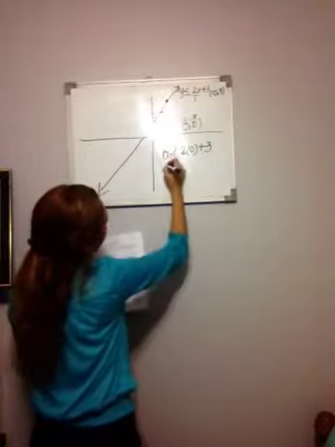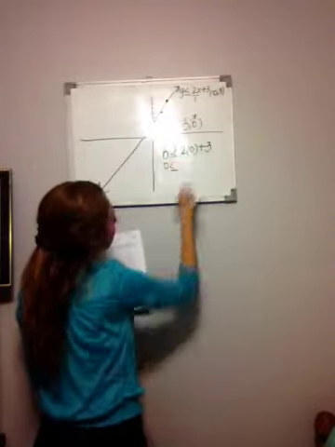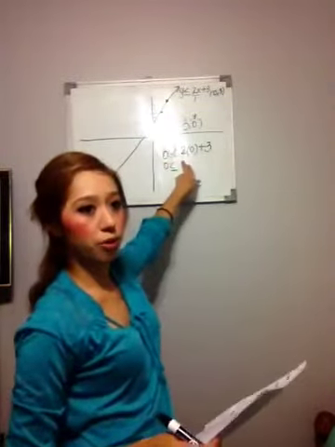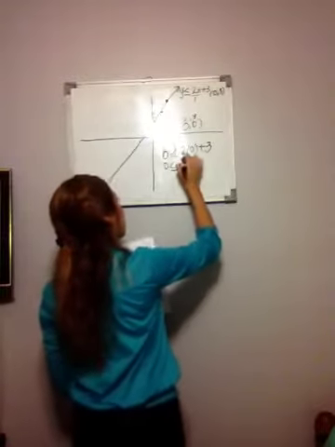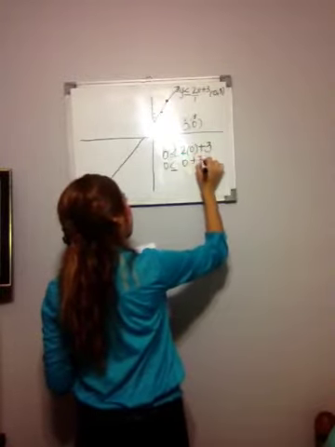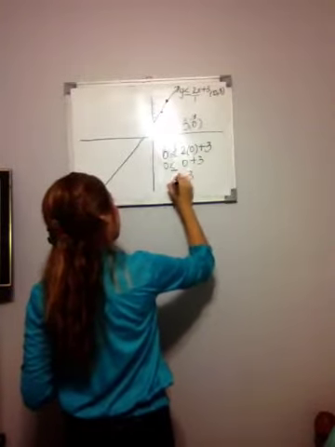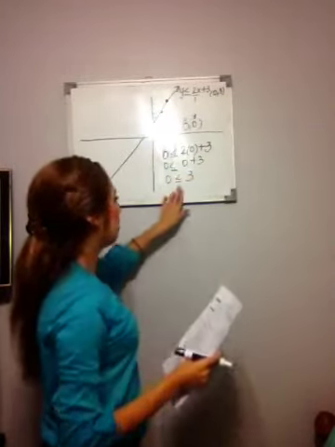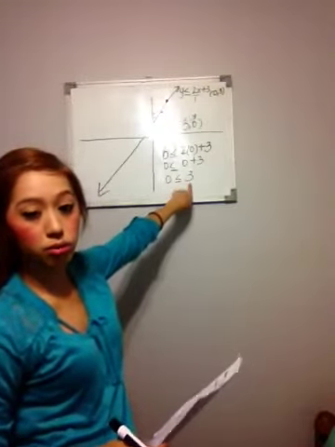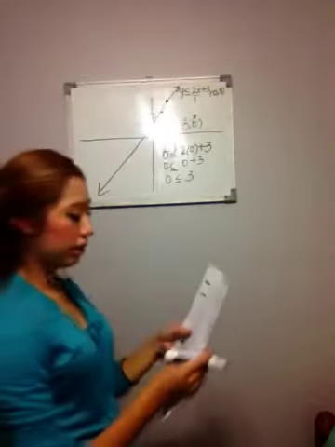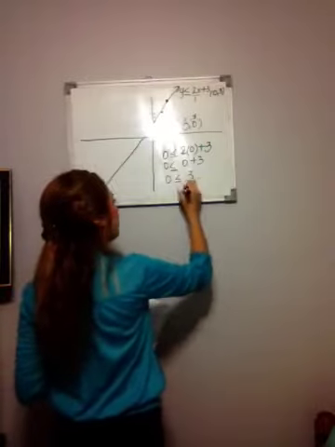So again, 0 less than or equal to, what's 2 times 0? That's very good. That's 0 and then plus 3. 0 plus 3 is 3. So is 0 less than or equal to 3? Very good. It is. So it's true.